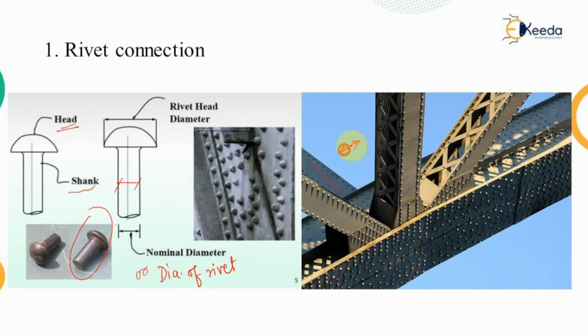The railway bridges provided over the rivers are generally made up of these rivet connections because they are the old connections. These rivet connections were heavily discussed in the Indian Standard Code IS 800, the earlier version of 1984. A separate text has been mentioned for the rivet connection over there.